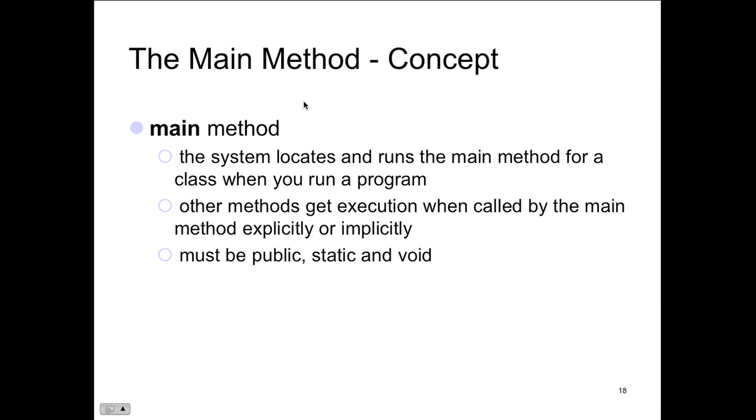So the main method concept, we still have it, but not every program has it. Not every source code file has it, like in C or C++. The system locates and runs the main method for a class when you run the program. In Eclipse, as we saw right before the break, if you have a main in there, it will be the driving program that will compile or look for object references that are contained and compile everything for you.